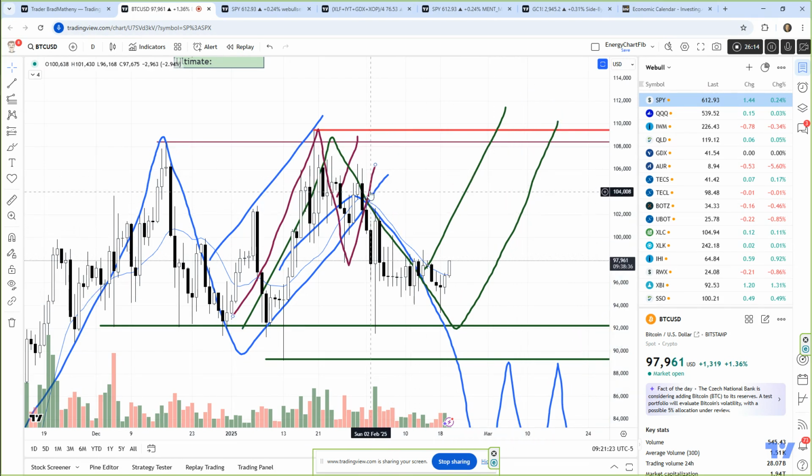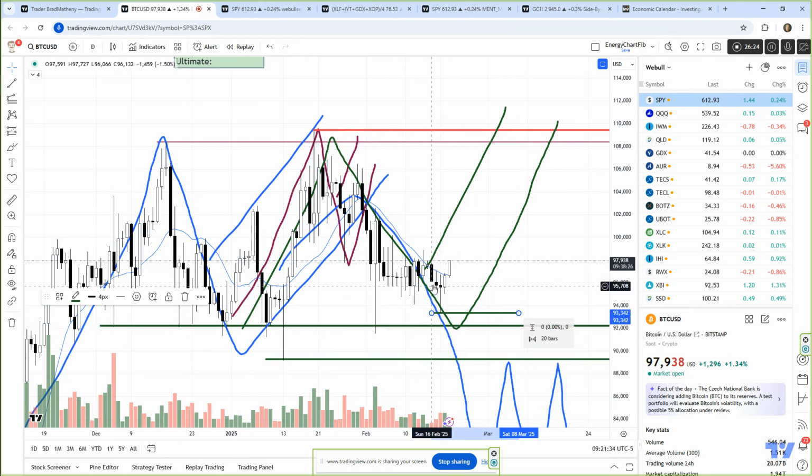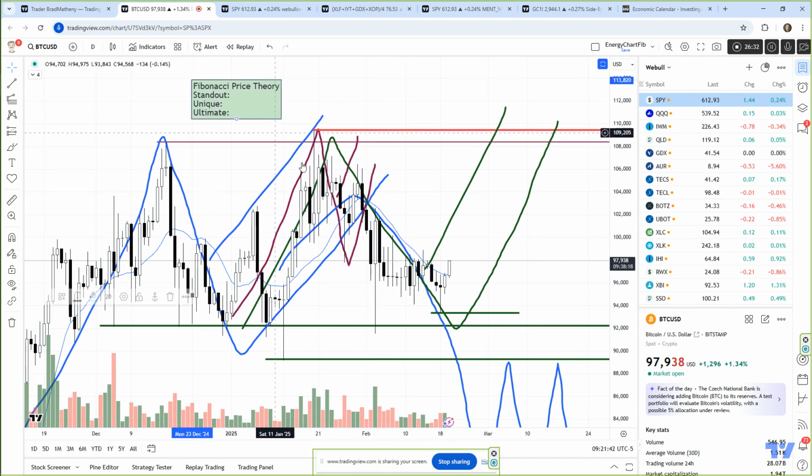It's pretty simple. If you want to try to do this on your own, just start with the most recent highs and lows. Okay, so here's a nice little low. We can count back 1, 2, 3, 4, 5, 6, 7, 8, 9, 10, 11, 12, 13, 14, 15. So this is a little bit more of a unique low that would also be a standout.